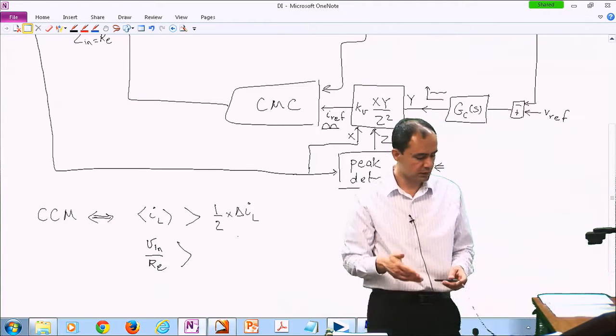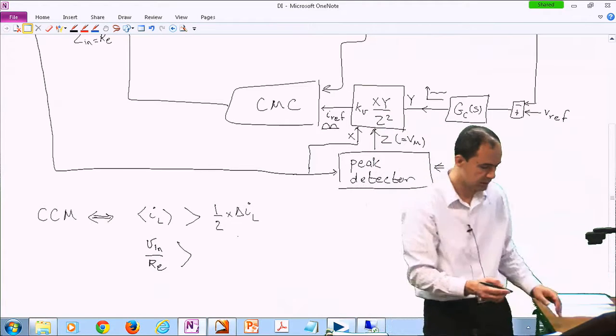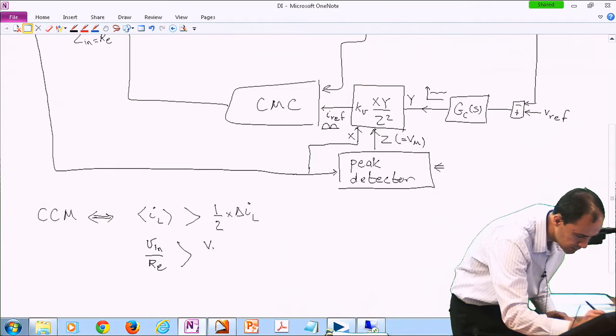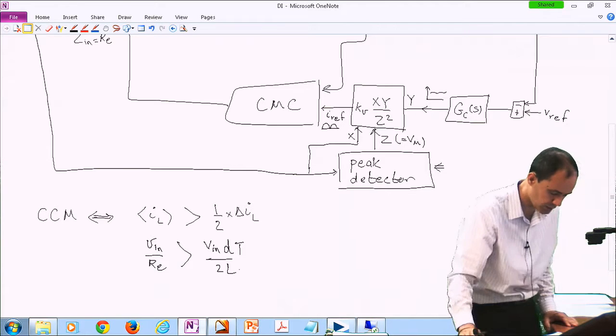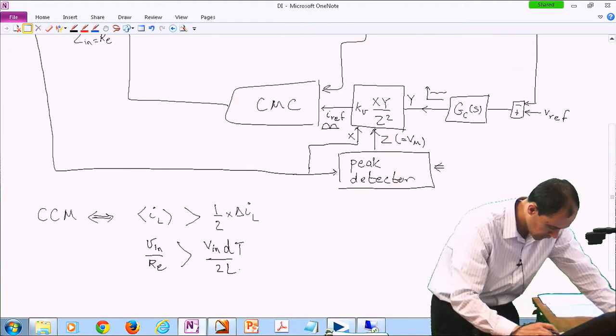Going back to the boost converter, in the first mode, only Vin is applied, so it's Vin over L times D times T, Vin dt, something like this. All right?